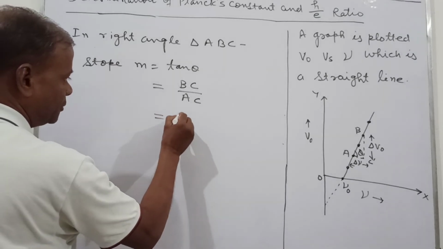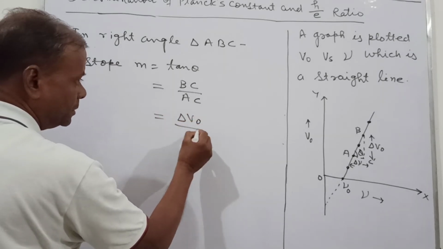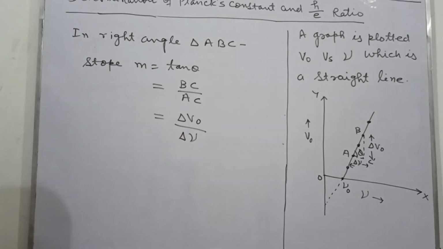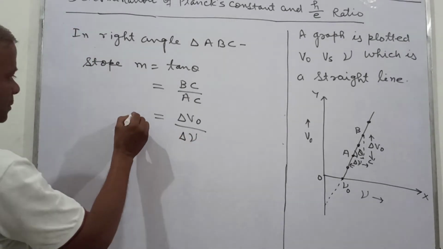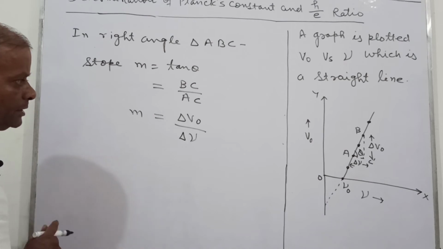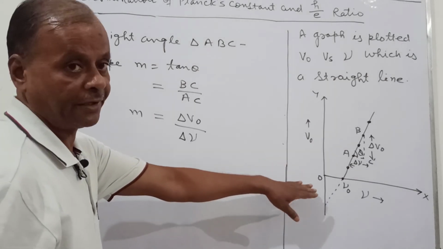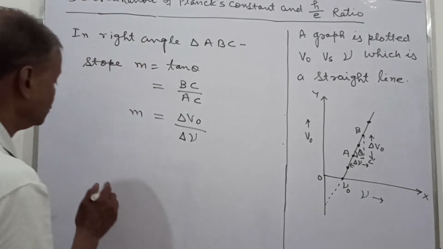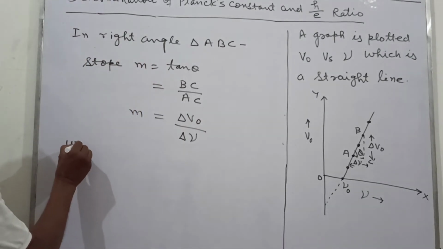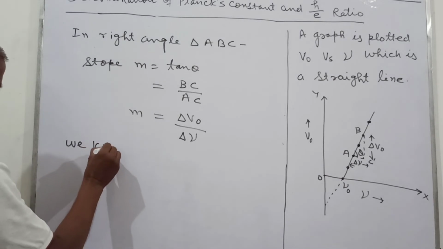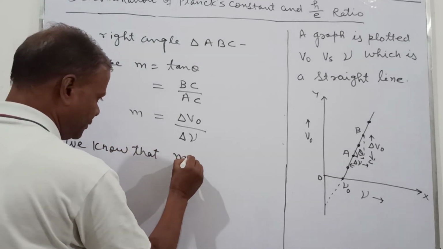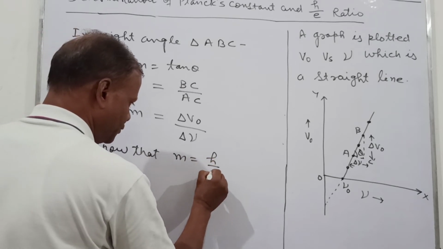So this is delta V naught, and this is delta nu. This is M, which we have determined experimentally, and we know that M equals H upon E.